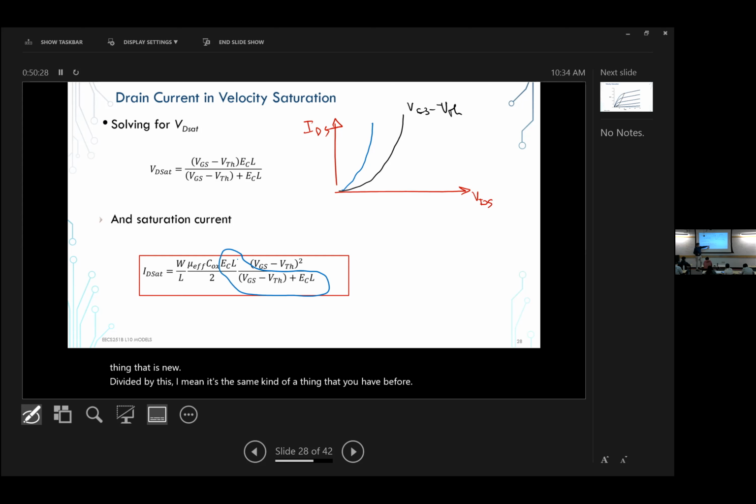The term that divides VGS minus VTH squared is a linear term, pushing the equation to look more linear, as we expected. So a linear increase in VGS causes, for small VGS, larger jumps in IDS, and then when the device gets really velocity saturated, these jumps become more linear.